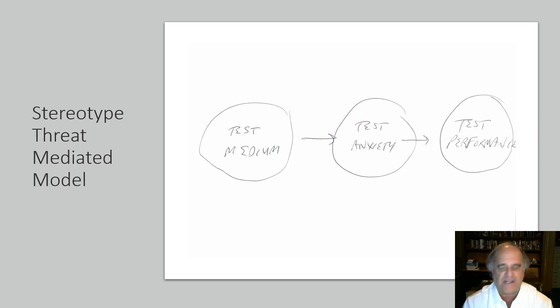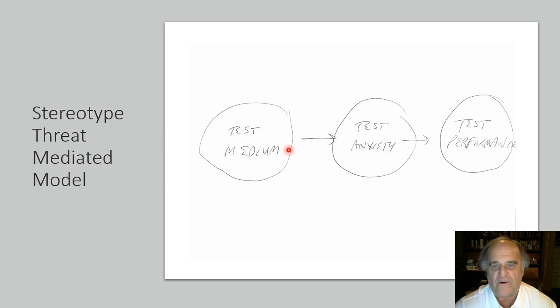Now, one explanation might be test anxiety. So if I wanted to develop a thesis or dissertation and test this idea, I start out, I have my independent variable, test medium. For example, we have a test, and in one case we describe it as an intelligence test, and in another case we just describe it as a problem-solving test. And then we have test performance, which of course is how we score on the test.